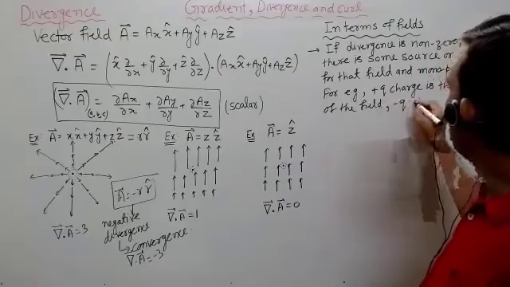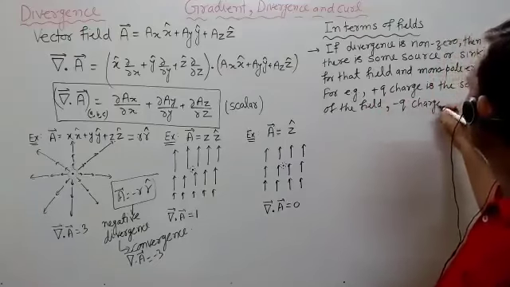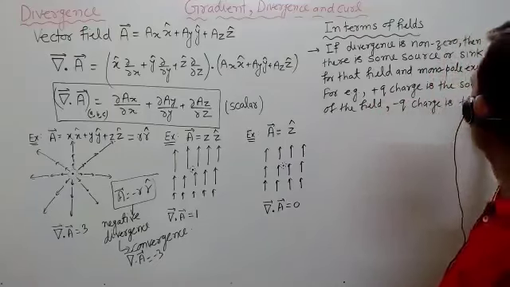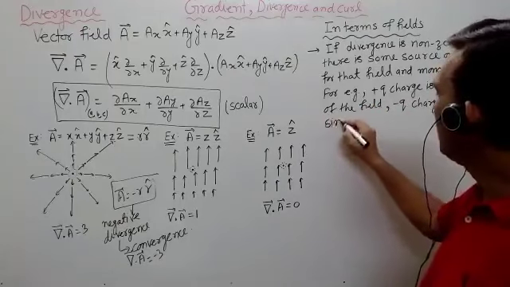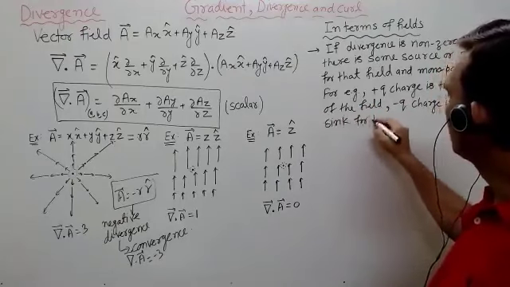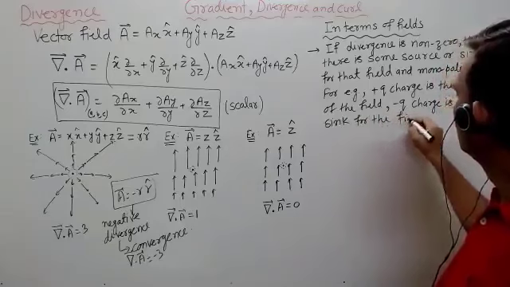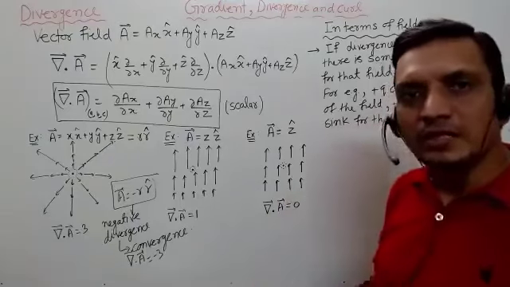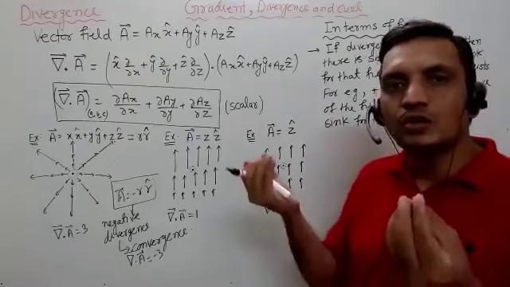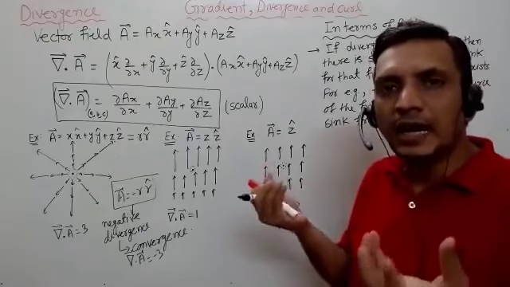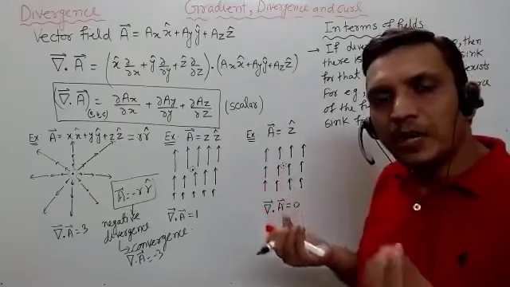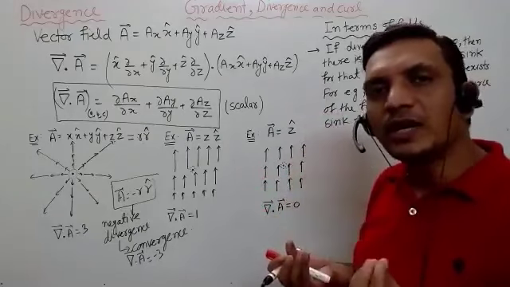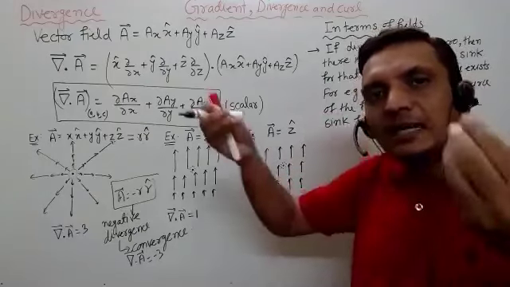And minus Q charge is the sink for the field. So in terms of field, if divergence is non-zero, it means there is some source or sink for the field. In electric field, plus Q charge is the source of the field, or you can say electric field lines are diverging.